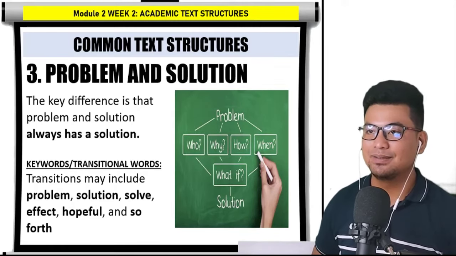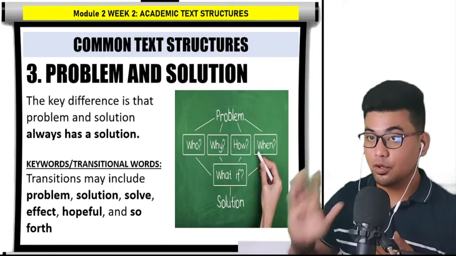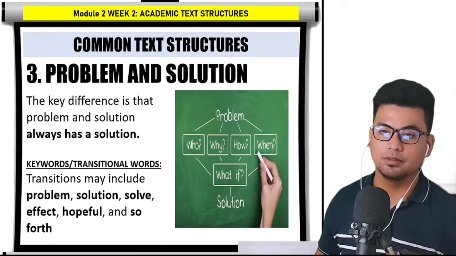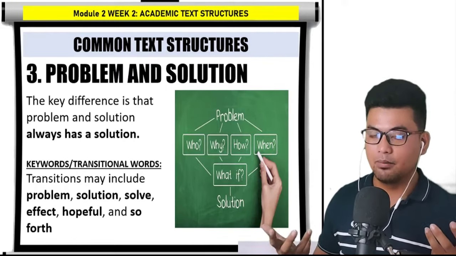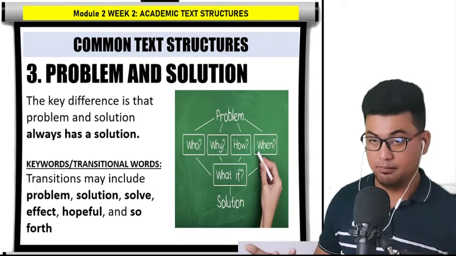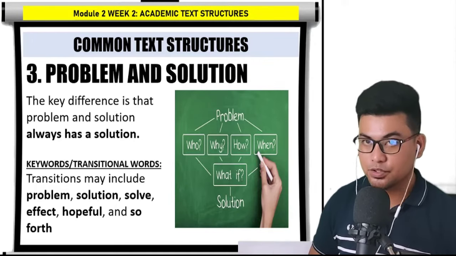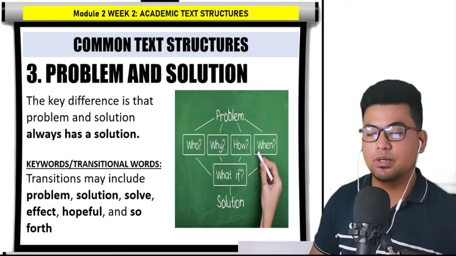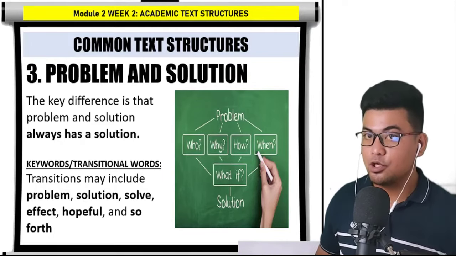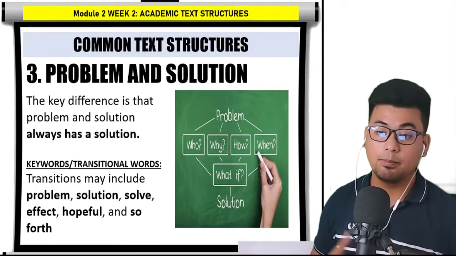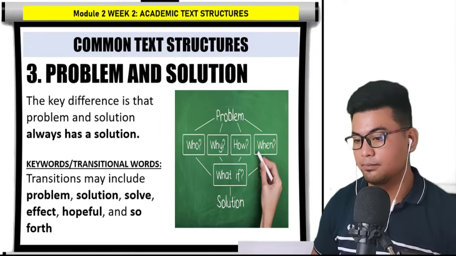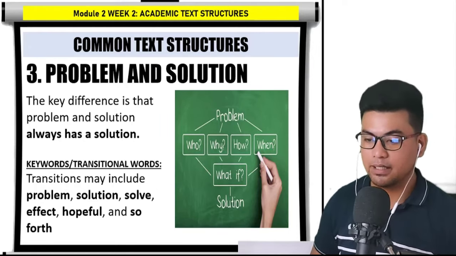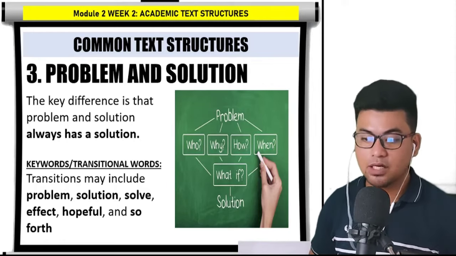Okay? So there's no such thing as writing with just a list of problems, but you always provide a solution. Okay? So it is inseparable. When you write something, when you write a problem, you also provide a solution to that problem. And what are the keywords that we may encounter or we may use in writing a problem and solution style of writing or text structures?